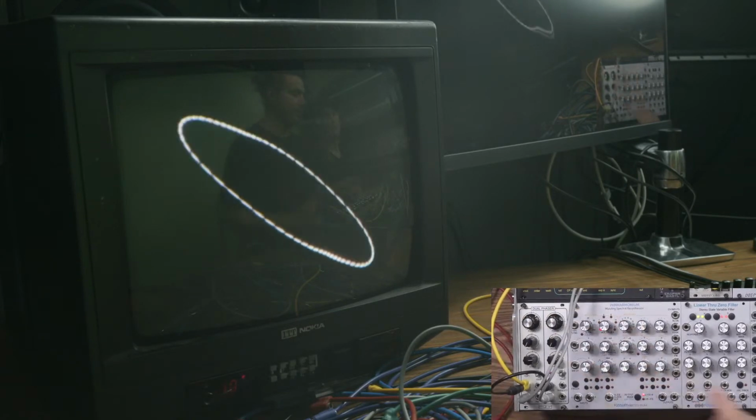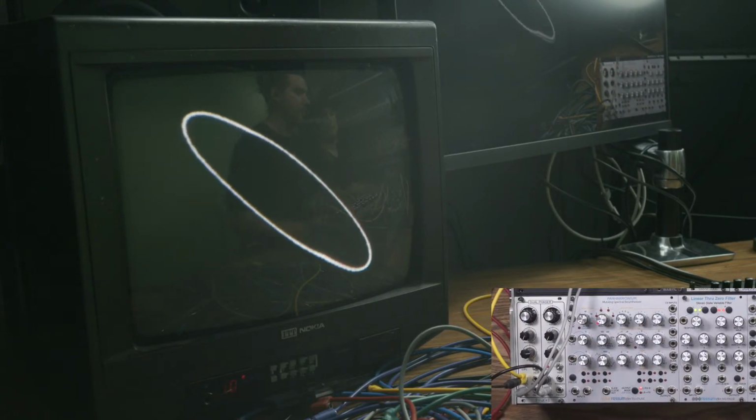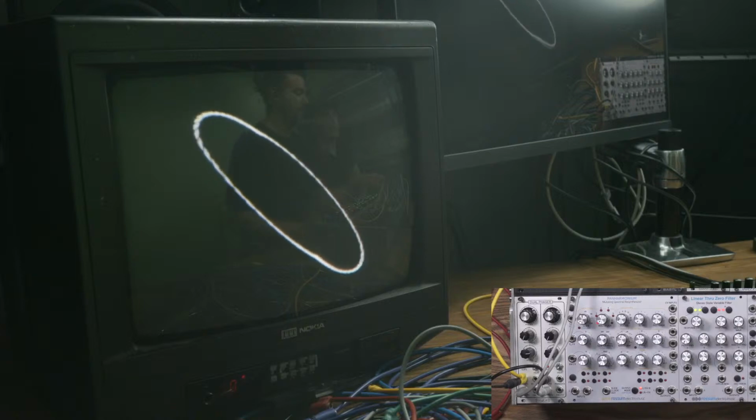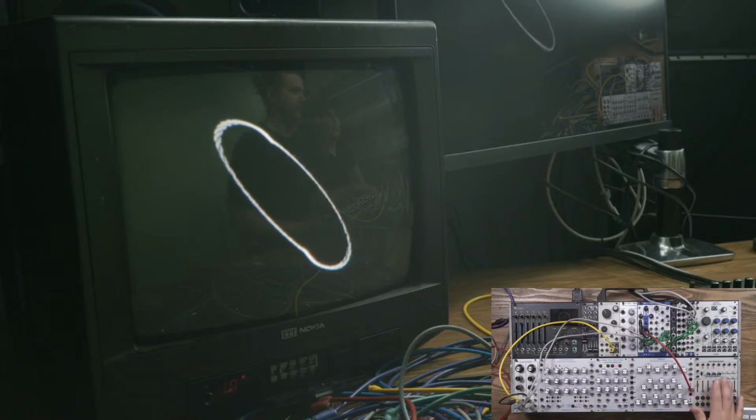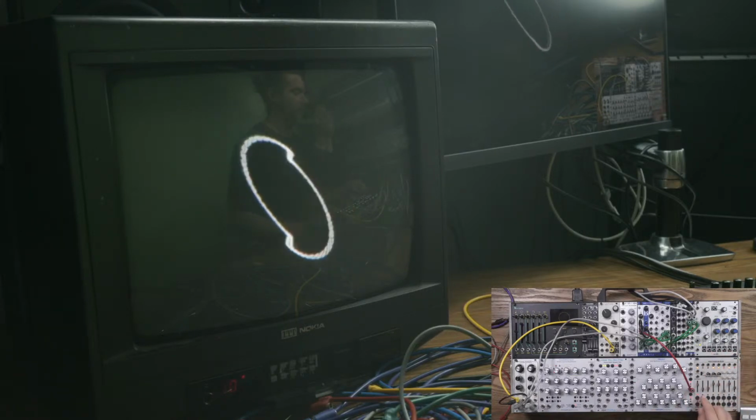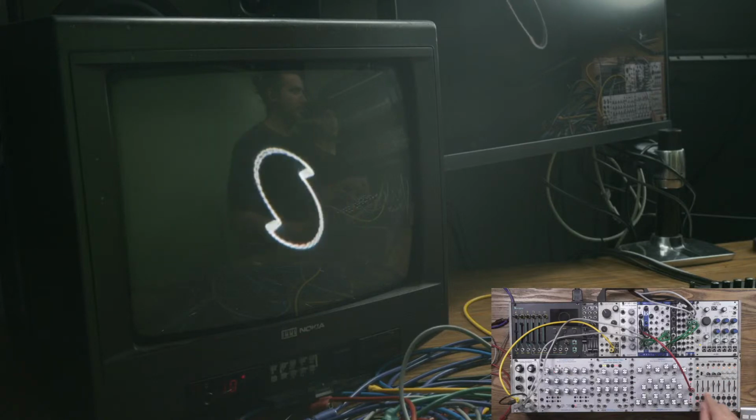The reason I have the voltage block in the setup is that I was experimenting with making presets with those voltages. You can see the LEDs changing, so I can have 8 values and then just jump between all the presets.